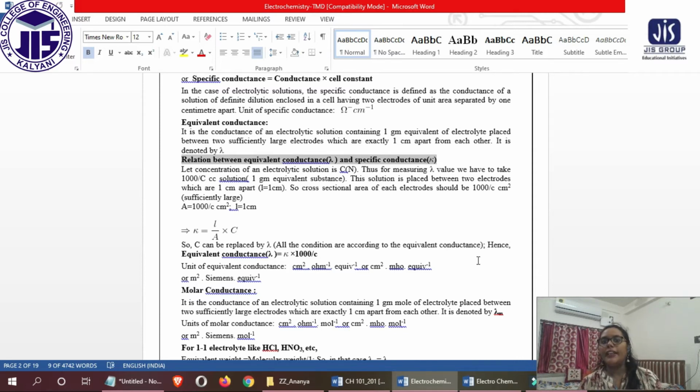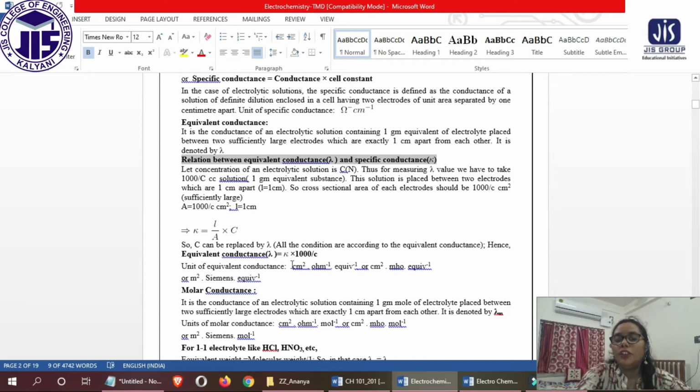So lambda equals kappa into A by L, and that is kappa into 1000 by C.